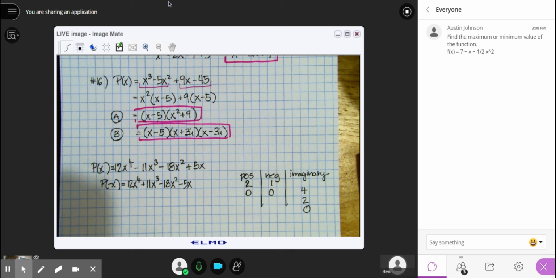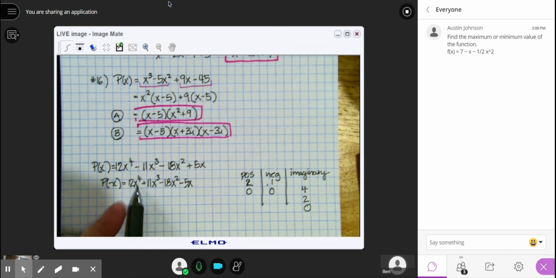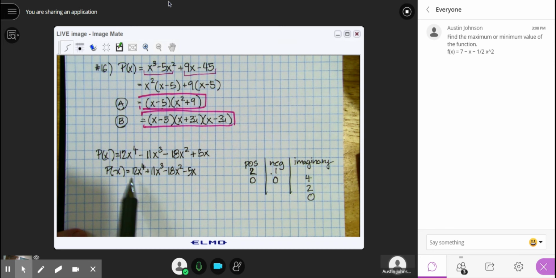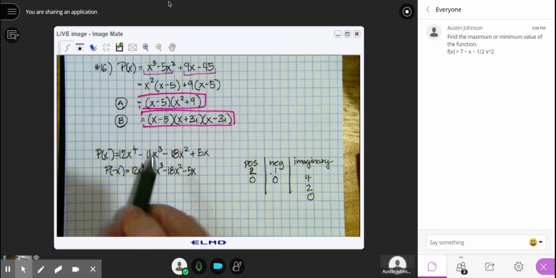Now, what that means is, since my positive and negative solutions do not add up to my 4 here, I'm missing something. So my suggestion is you look first at the 4 terms here, and is there anything you could factor out, I'm sorry, in the original?